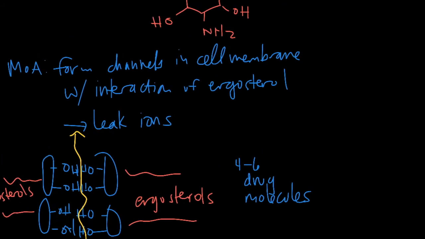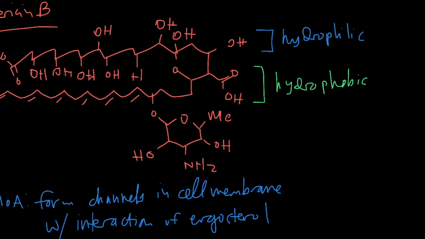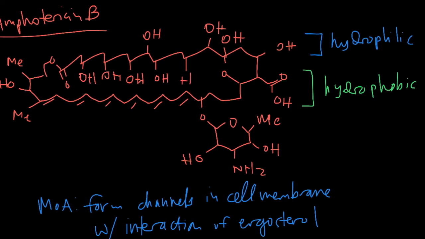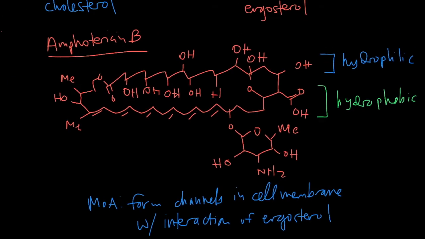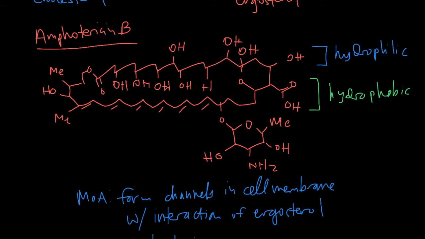Oh, and I don't feel like drawing the other natural products because that's going to take a while and I don't have that much time. But a lot of natural products like natamycin or nystatin are also analogs of, or similar to, amphotericin B, with a hydrophilic part at the top and a hydrophobic part at the bottom.